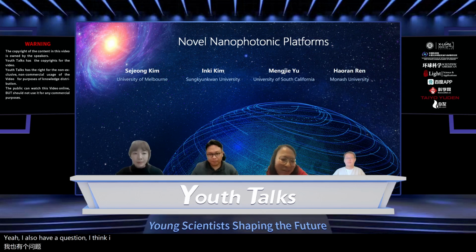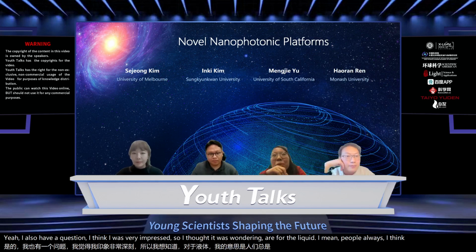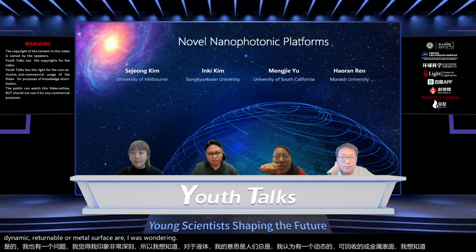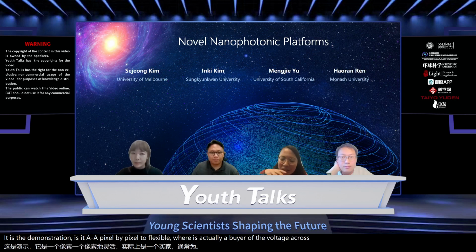I was very impressed. I was wondering, for the liquid crystal, I think people always want to do a dynamically tunable metasurface. Is the demonstration pixel by pixel tunable, or do you actually apply a constant voltage across the plane?